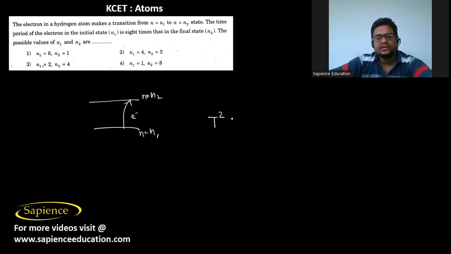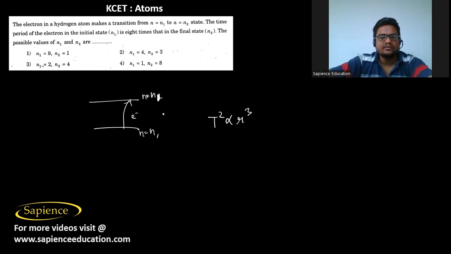We know that T square is proportional to r cube. So the time period of the electron in the initial state is 8 times, so it means the radius of the first orbit should also be higher.